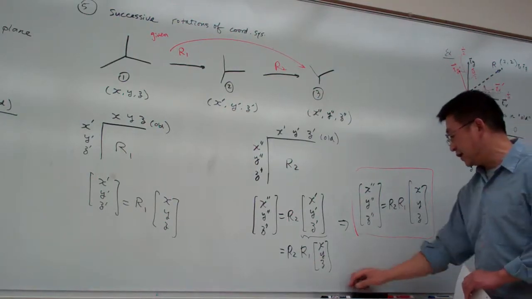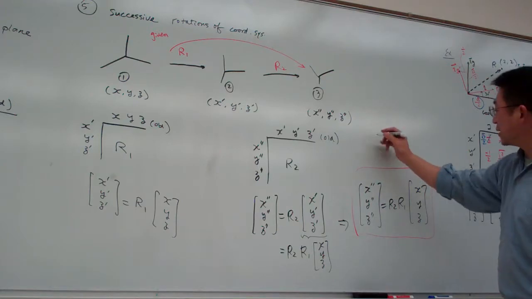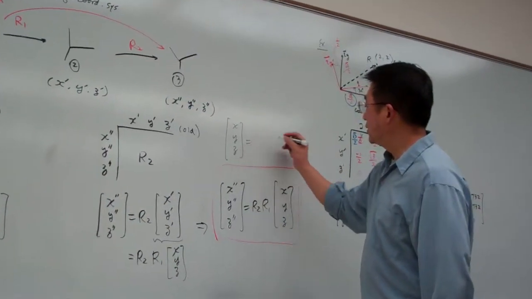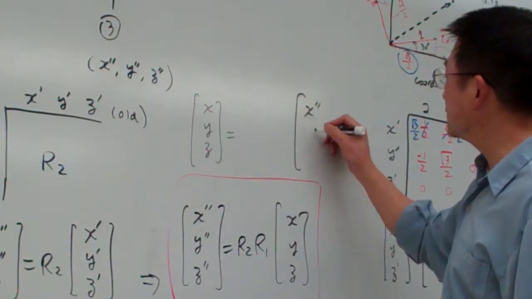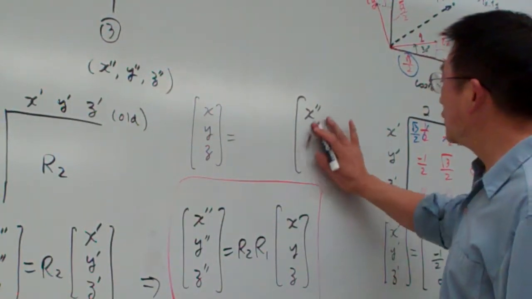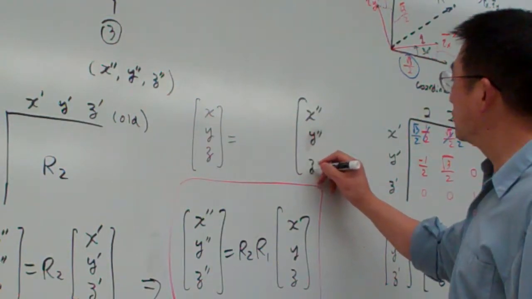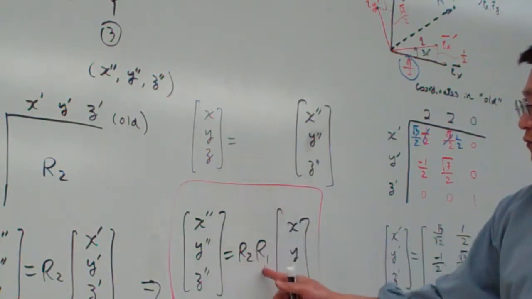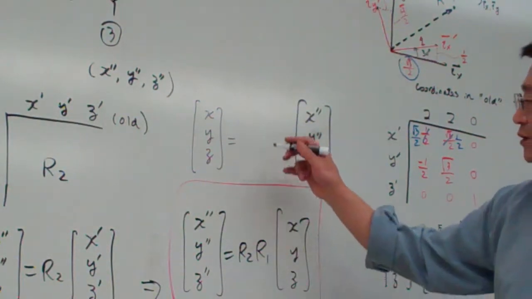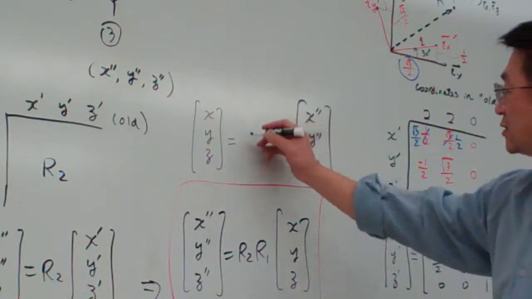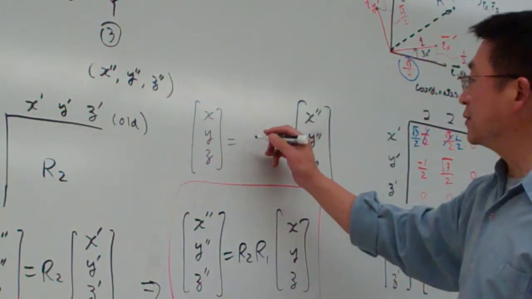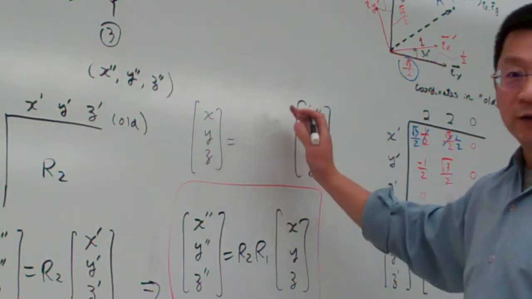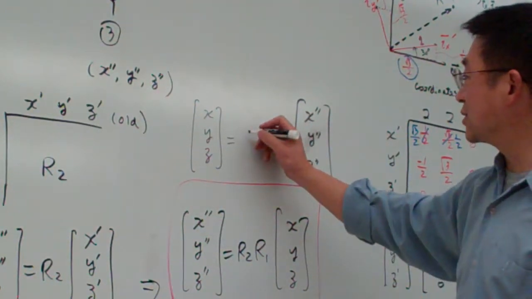On the other side, if you want to reverse, say I want to know x, y, z in terms of the new coordinate system, you simply get the inverse. For this case, in terms of calculation, you simply look at this carefully.